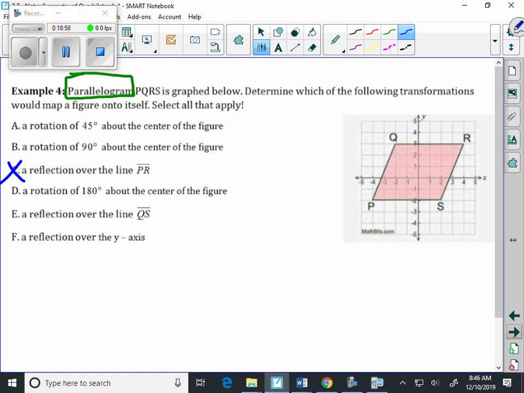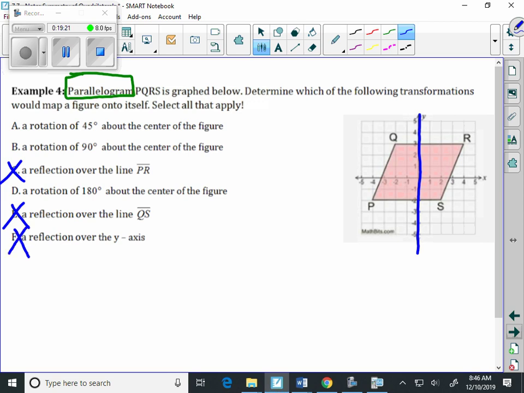Well, it's not working for PR, so it's not going to work for QS. Again, we don't have any lines of symmetry for a basic parallelogram, so it's not going to be a reflection over the y-axis. Even when you draw that line in, I hope you can look at that and go, oh yeah, that's not going to work.